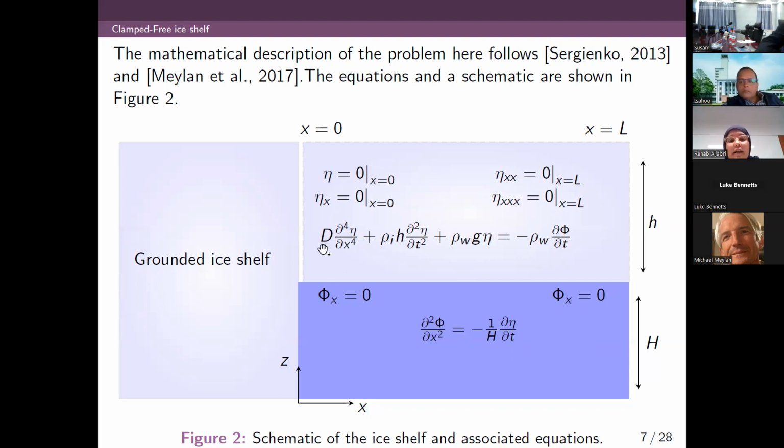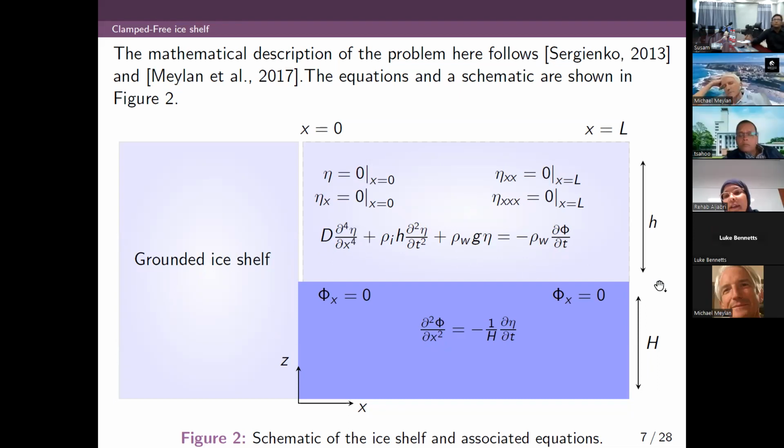Here we can see the equation for the ice shelf, which is the linear beam theory. D is the flexural rigidity, and eta is the vertical displacement of the lower surface of the ice, because we say there is a draft approximation, so we are going to ignore the draft. That's why the lower surface of the ice will be the ice; it's not the surface of the water anymore.